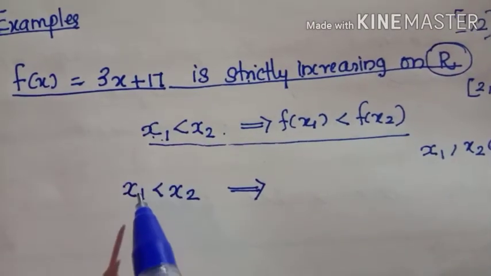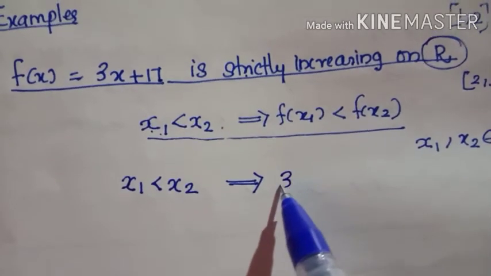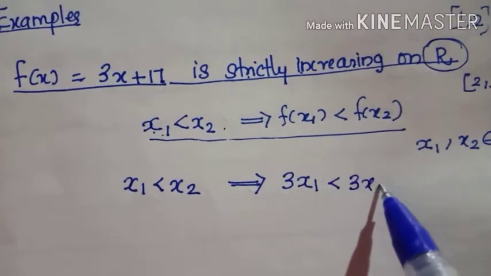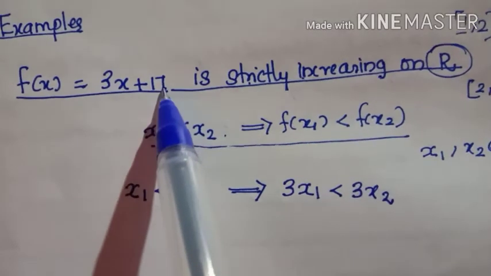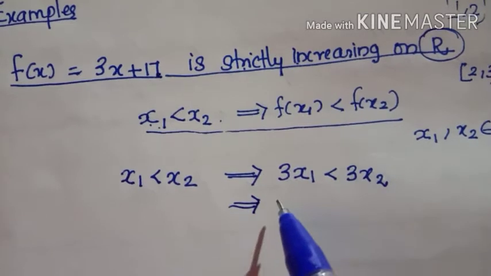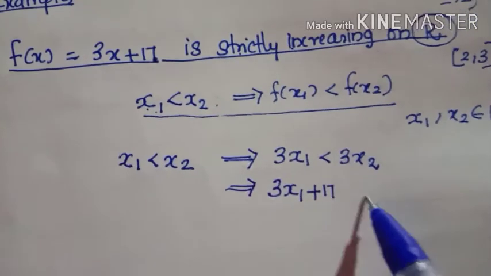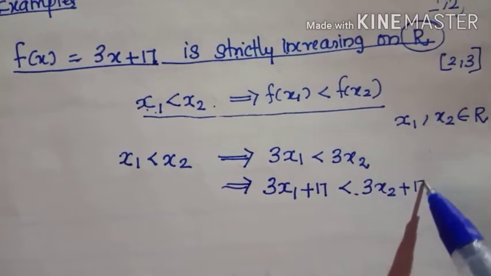The first step is multiplying by 3 on both sides, so this becomes 3x1 is less than 3x2. Again, we need plus 17, so the next step is adding 17 on both sides. So this becomes 3x1 plus 17 is less than 3x2 plus 17.